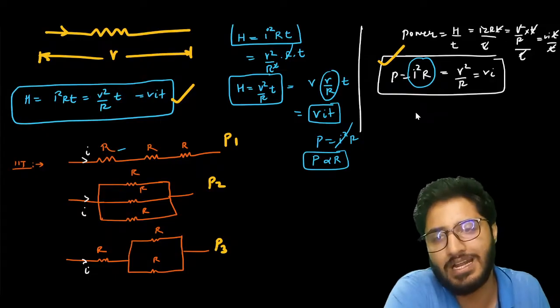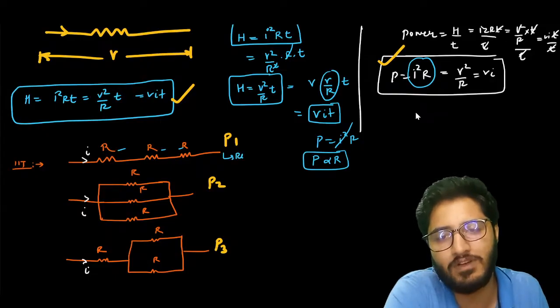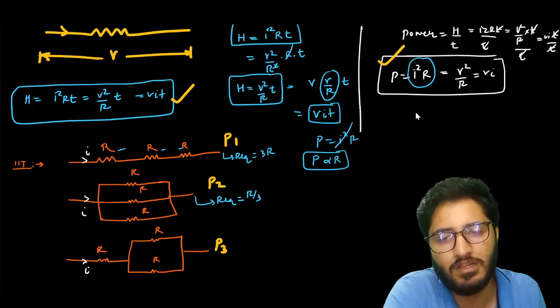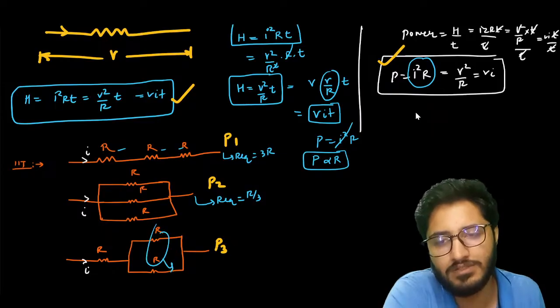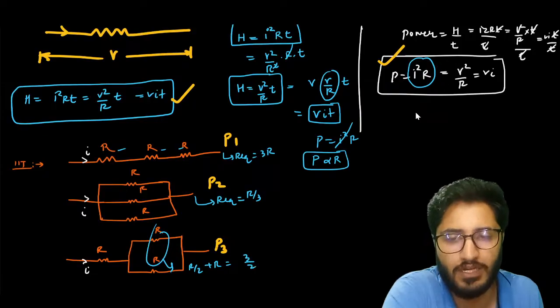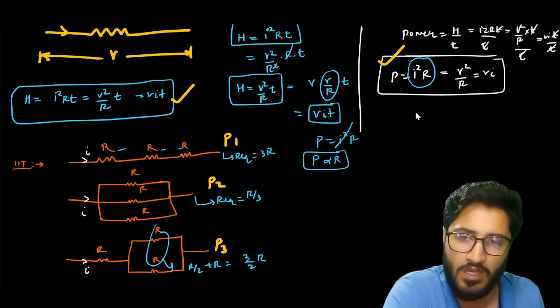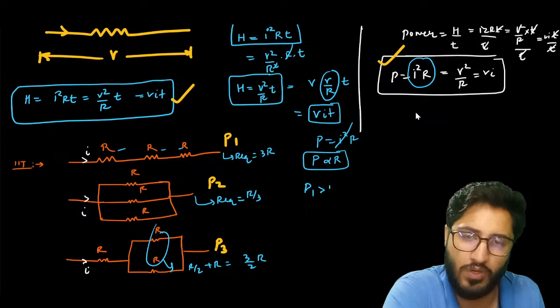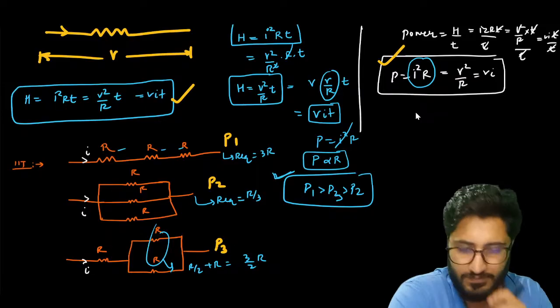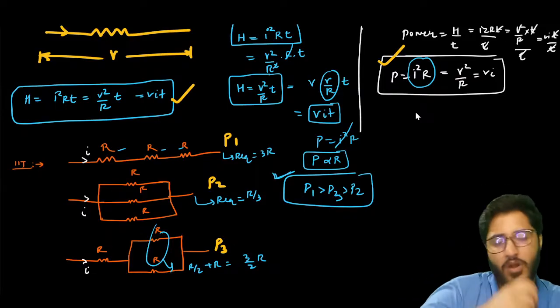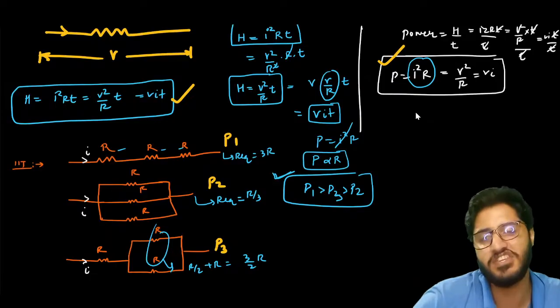In one case R equivalent is 3R. In another, R equivalent is R by 3. For R, R in parallel that is R by 2, and R by 2 plus R is 3 by 2 R. So you can see that P1 is more than P2, and P3 is more than P2. Easy, no? Look, I am not going to explain each detail of it.